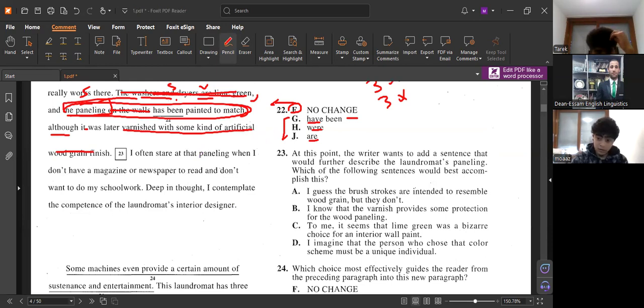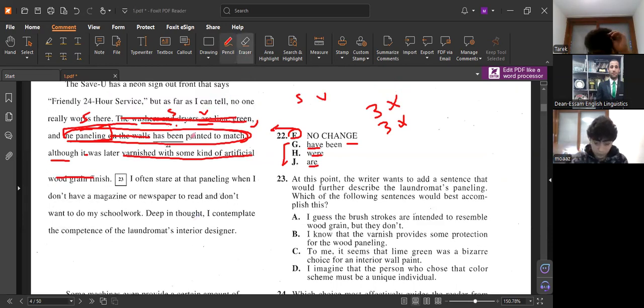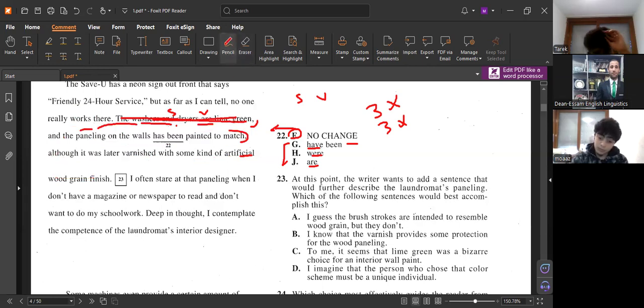For 23, I put a B. 23B, no. Let's try again. D. You want to make it letter B, then why not A?